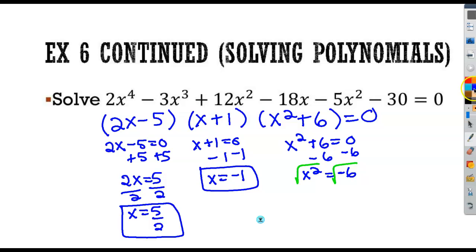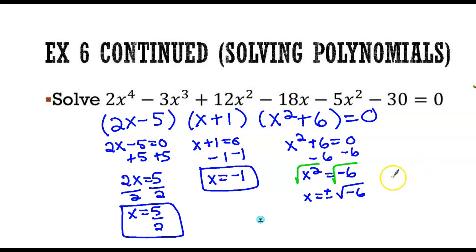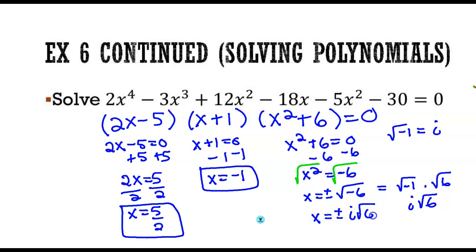So if I take the square root, I'll have x equals the positive or negative square root of a negative number. But of course, we know that the square root of a negative number is imaginary. So this is going to be the square root of -1 times the square root of 6, which is i square root of 6. So I just wanted to give you that little reminder. This is positive or negative i square root of 6 for this answer here.